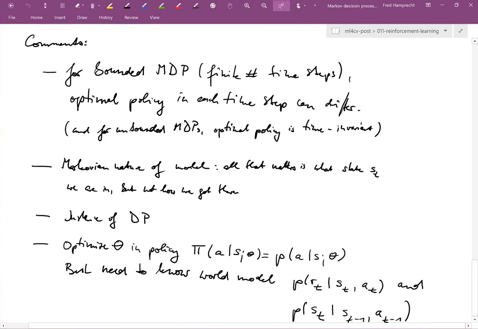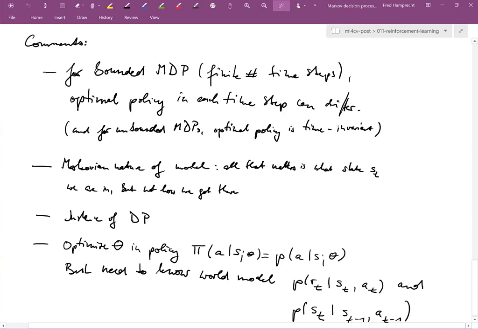Some of these things I've said already. For a bounded Markov decision process, bounded is defined as having a finite number of time steps. The optimal policy at each time can differ. And the opposite, I don't know if it's intuitive for you, can be proven: when you have an unbounded MDP, the optimal policy remains the same over time.